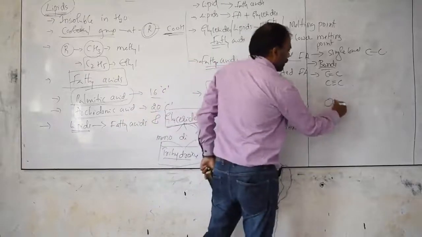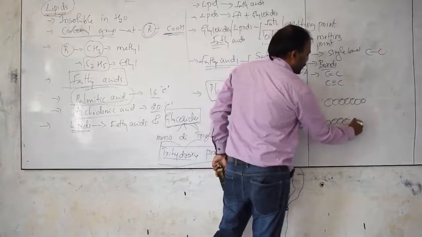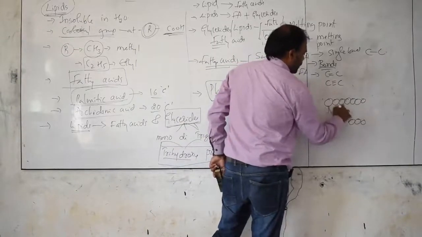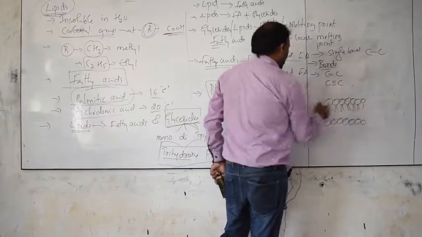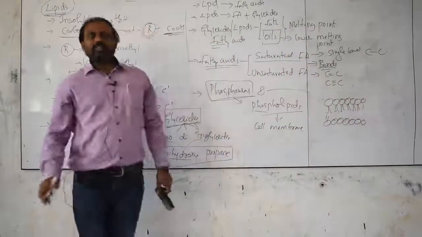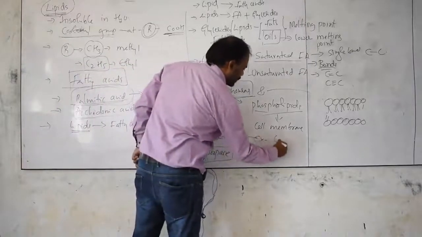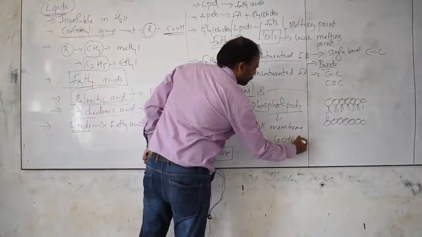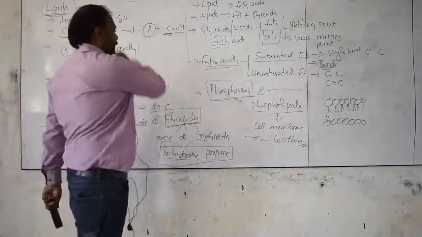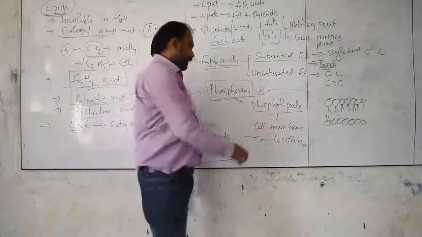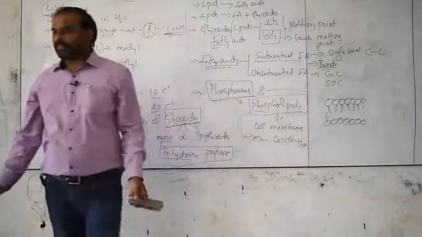Just imagine the structure, you can understand. As we know this, yes or no? Here the heads are made up of phospholipids. And the better example for this one is lecithin. This lecithin is a lipid which contains phosphorus. So for the phospholipids, one such example is lecithin.